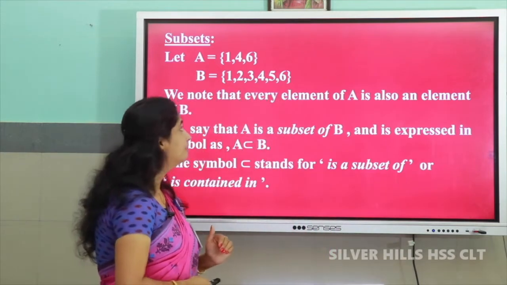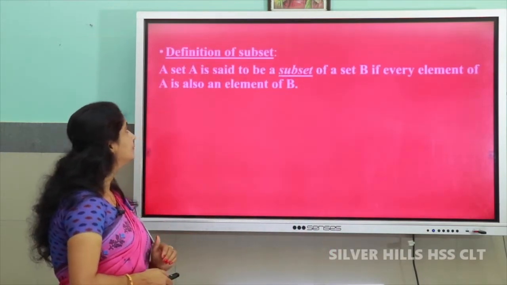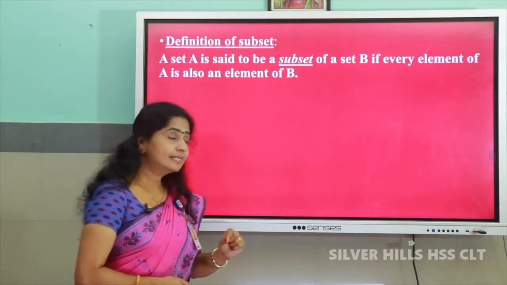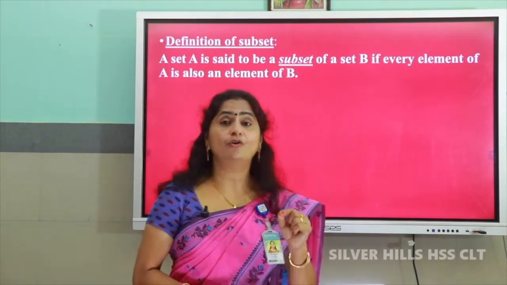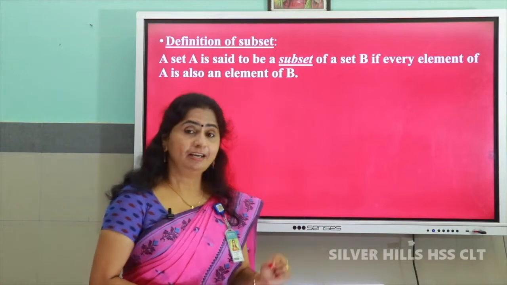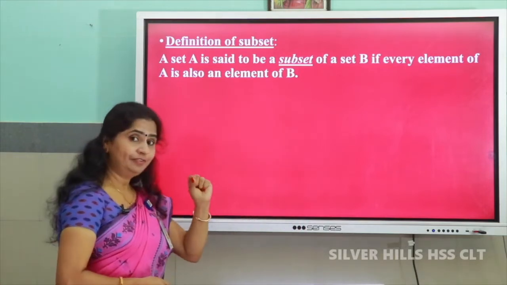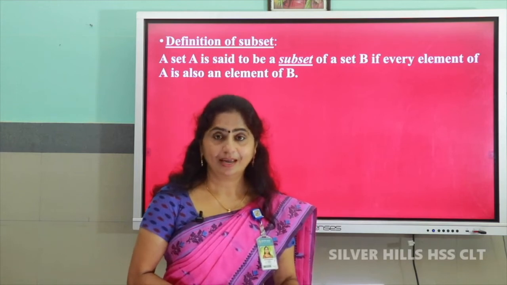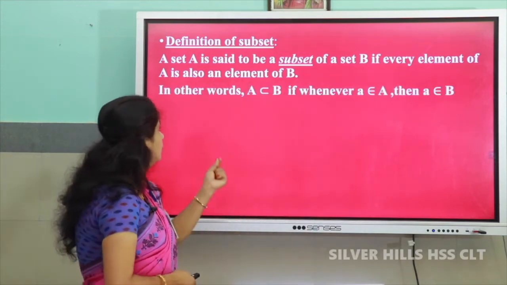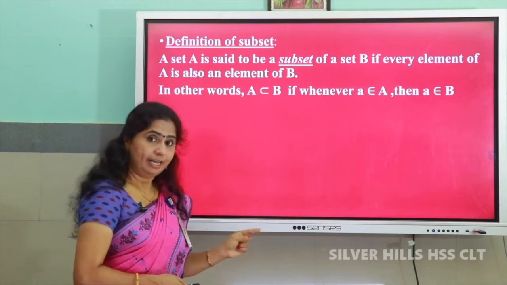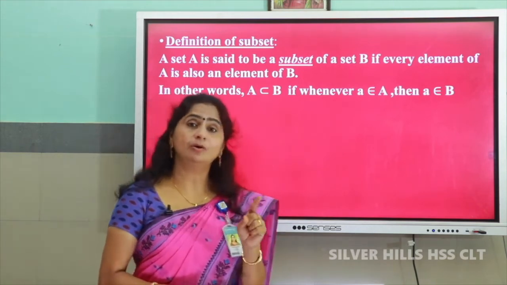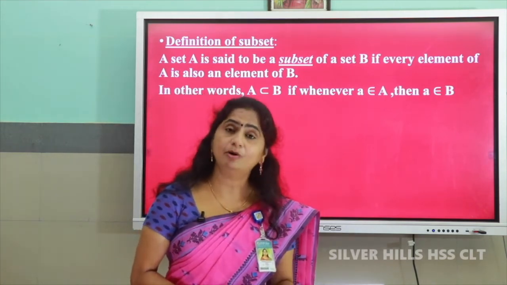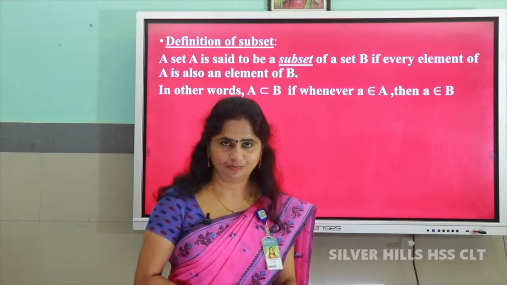Therefore, we can define the subsets in this way. A set A is said to be a subset of a set B if every element of A is also an element of B. In other words, A is a subset of B if whenever a belongs to capital A, then a belongs to the set B also.